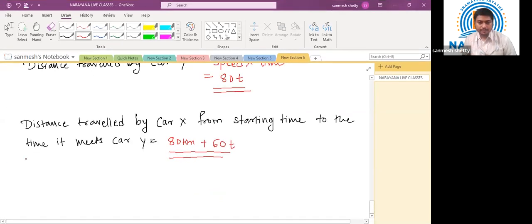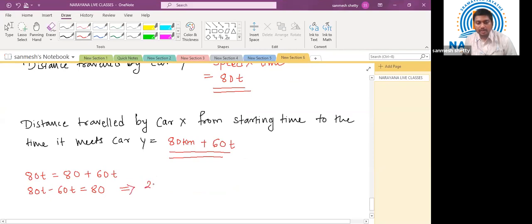So let us equate both these distances. So 80 t is equal to 80 kilometers plus 60 into t. So 80 t minus 60 t is equal to 80. I have taken 60 t to the left hand side.